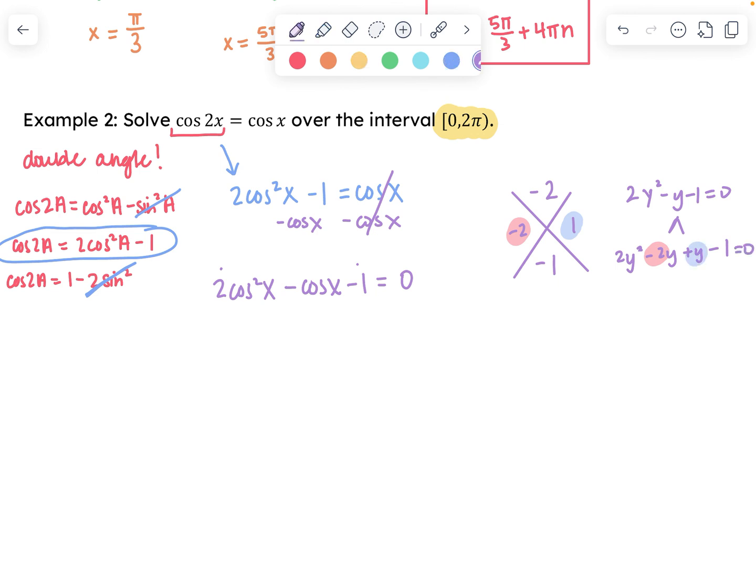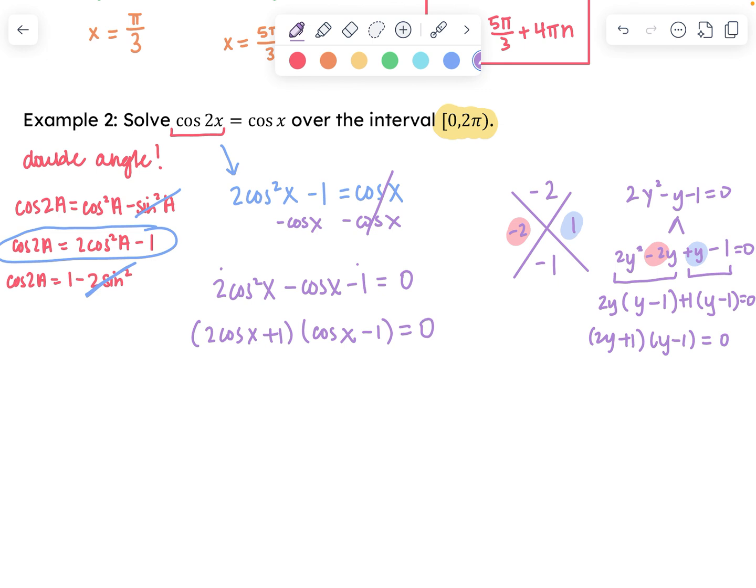Then I'm going to factor by grouping, first group and second group. I can take out a 2y here, and I have y minus 1. I would just take out a 1 as my GCF in the back. So I would have 2y plus 1 and y minus 1. Over here, that would translate to 2 cosine of x plus 1 and cosine of x minus 1.